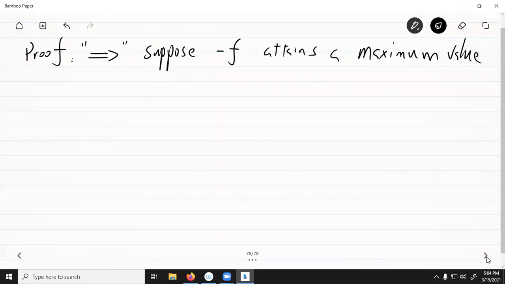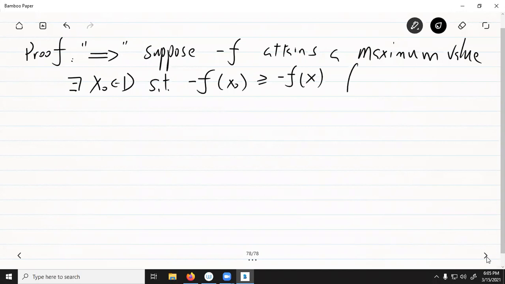What's the meaning of the maximum value? That means there exists x0 in its domain D such that negative f of x0, the maximum value, is greater than or equal to negative f of x for all x in D.